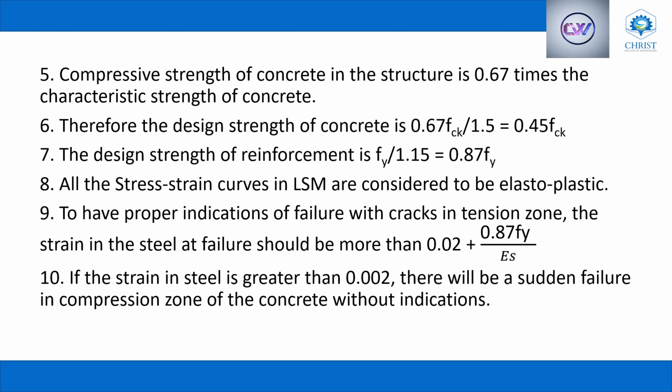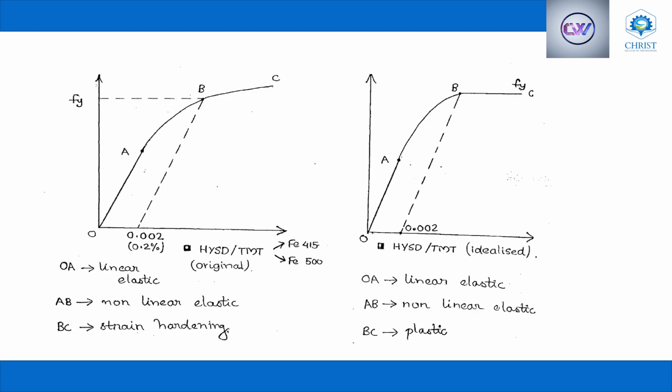Tenth one, if the strain in steel is less than that, there will be sudden failure in the compression zone of the concrete without indications. So that's why the strain in steel is kept more than 0.002 plus 0.87 Fy by Es. So it is the curve we have to consider for the steel in design, in limit state method of design.